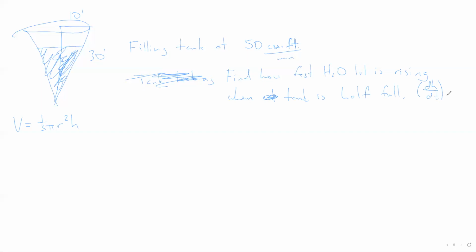How can we keep going further? What do you want to do with that? dh/dt is one variable, so we don't have the means to find that yet. We could get there. What else do we need to know about the situation?